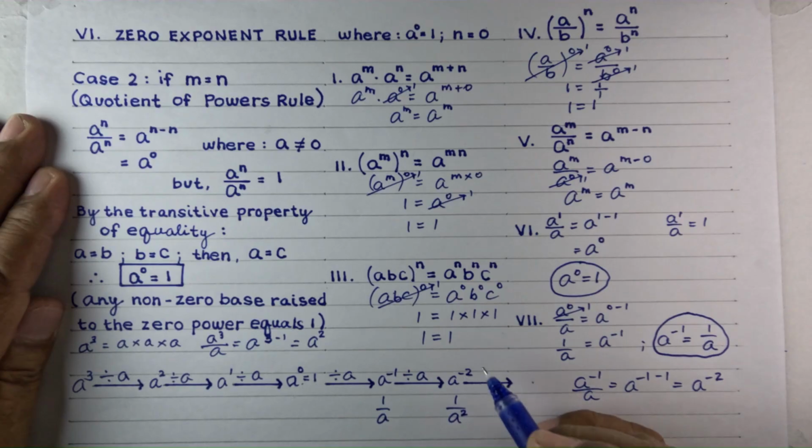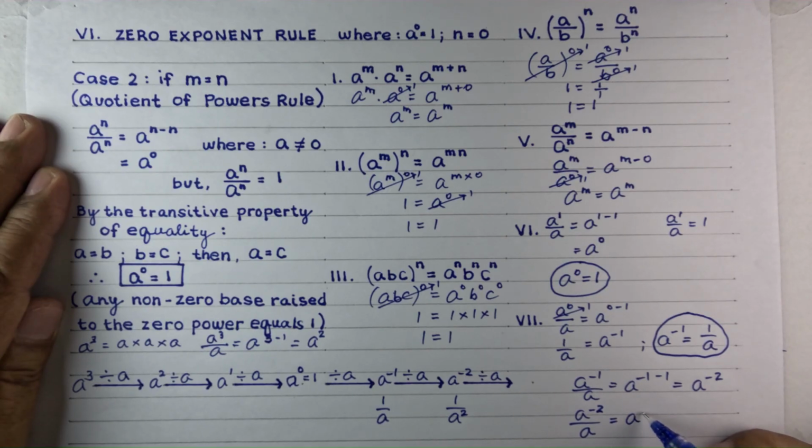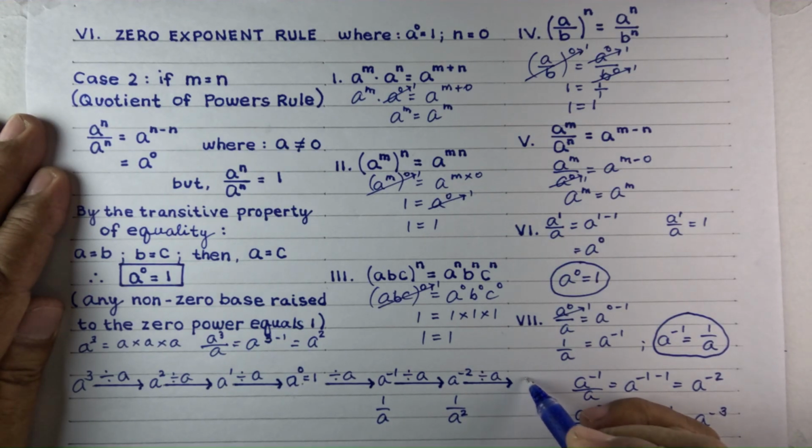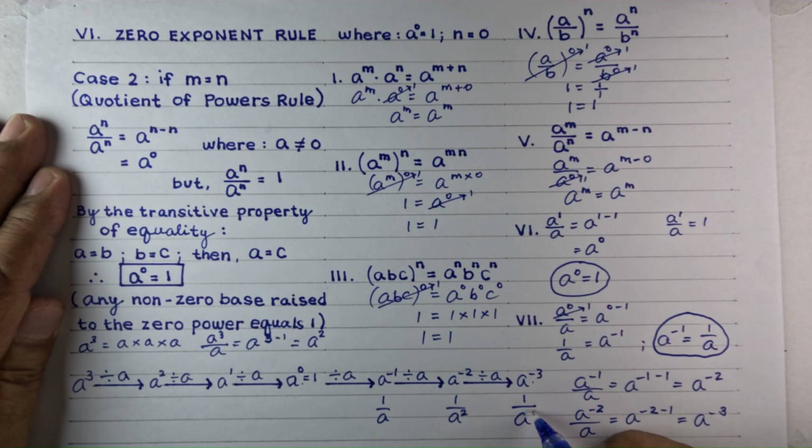So dividing a to the minus 2 by a, that's a to the minus 2 over a equals a to the power minus 2 minus 1 equals a to the minus 3. So this is now a to the minus 3, or simply 1 over a cube.